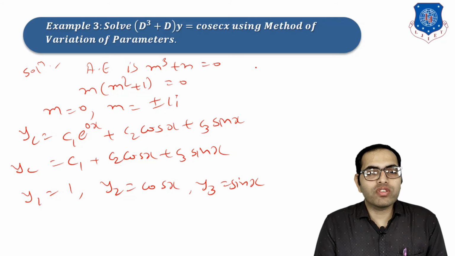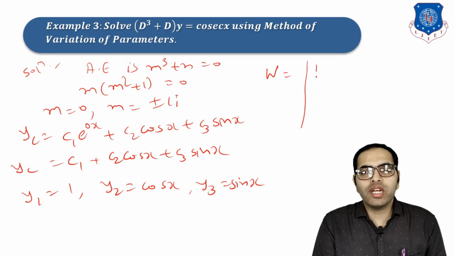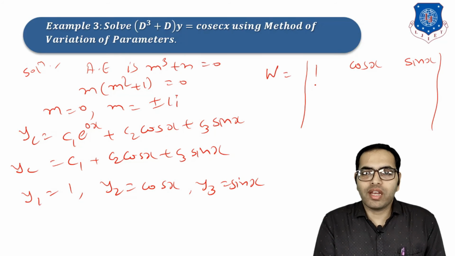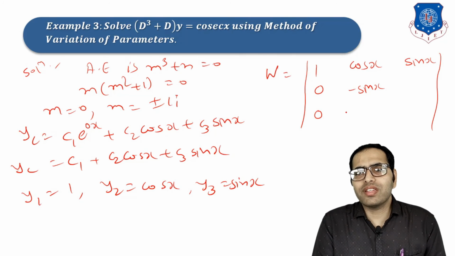Then we require the Wronskian, which is w. Then w is equal to, in determinant, y1 that is 1, y2 that is cos x and y3 which is sin x. Derivative of 1 is 0, again derivative is 0, cos has derivative minus sin, then minus sin has derivative cos, sin has derivative cos x, cos has derivative minus sin.